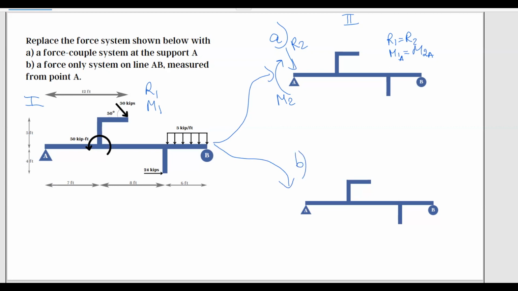Option B, we have to come up with a force-only system on line AB measured from point A. So we have to come up with one single force.